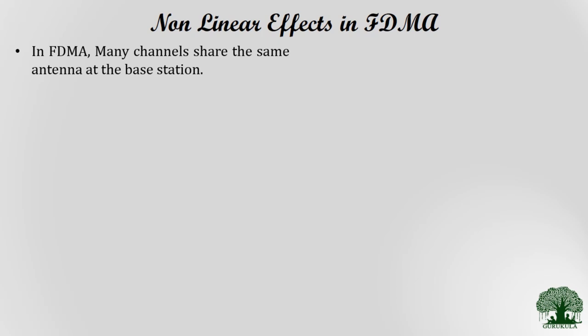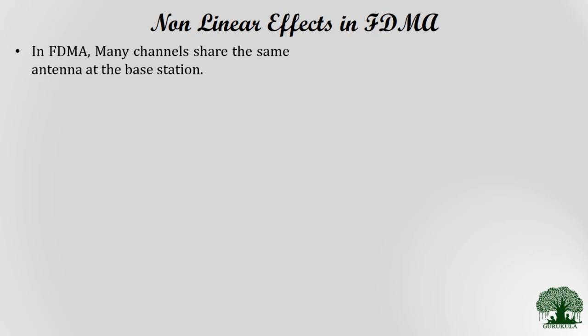So usually, on the optimal side, we will install one single antenna at the base station which serves all 10 frequencies. That is the meaning of this point: many channels, or many users, will share the same antenna at the base station.